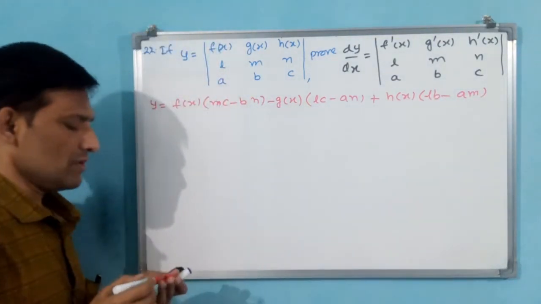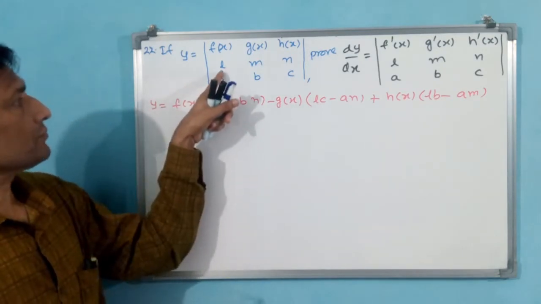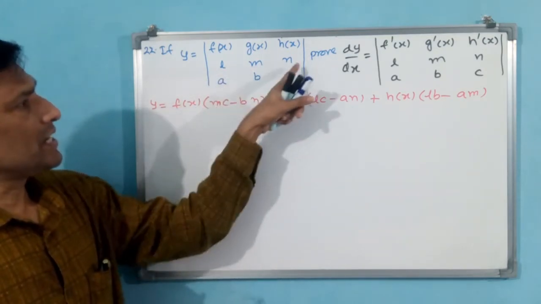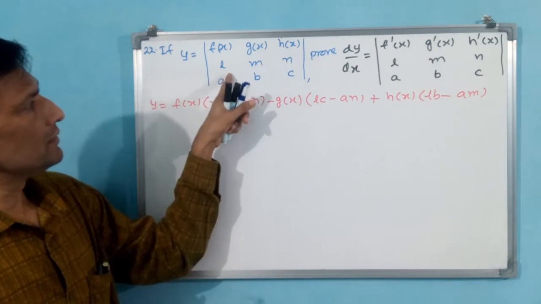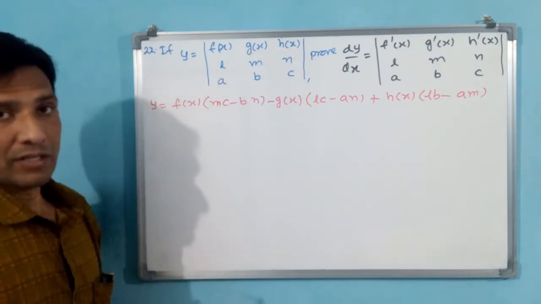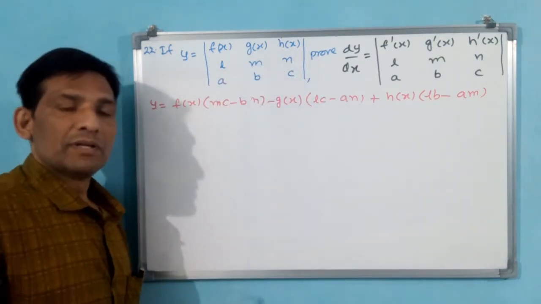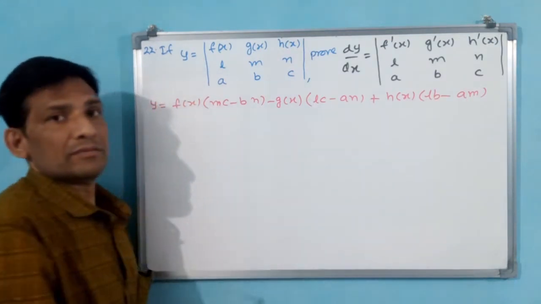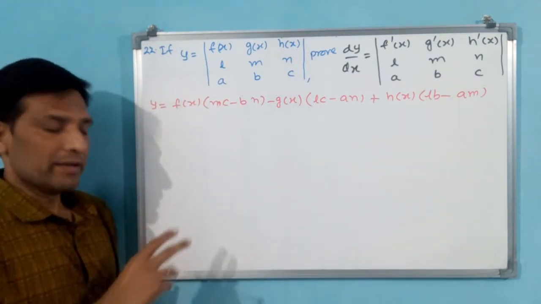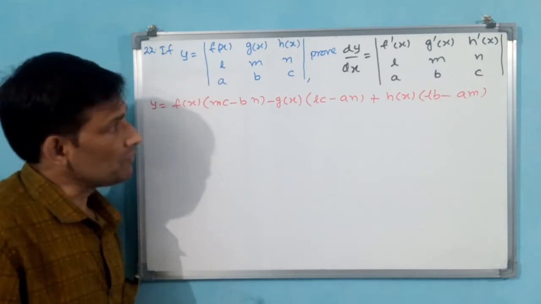Is it okay? First you see, lc minus an, lb minus am. Okay. Is it correct? First you see. This is the determinant y. Now I will do dy by dx of this one.